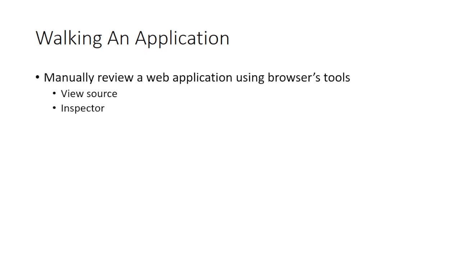Then there is the debugger tool, which inspects and controls the flow of a page's JavaScript. You remember we talked about JavaScript in a previous video. And then the network tool, in which we can see all the network requests a page makes.